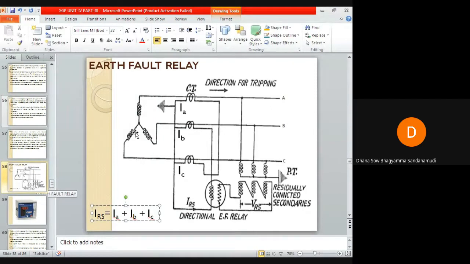The neutral may be solidly grounded or grounded through a resistance or reactance.